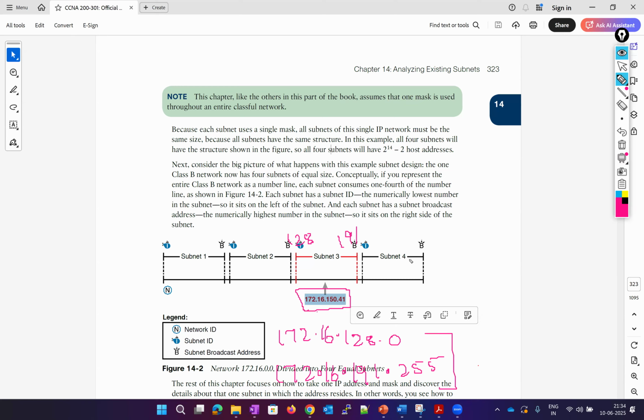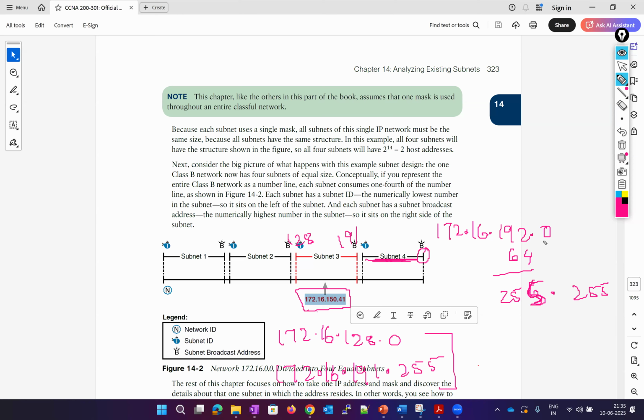Right. After this, the fourth subnet will start from 172.16.192.0. This is the network ID for this subnet. Broadcast ID would be something else, right? This is 64. Add 64: 4 plus 2 is 6, and 6, 256. 256 basically cannot be there, so it's going to be 255.255.